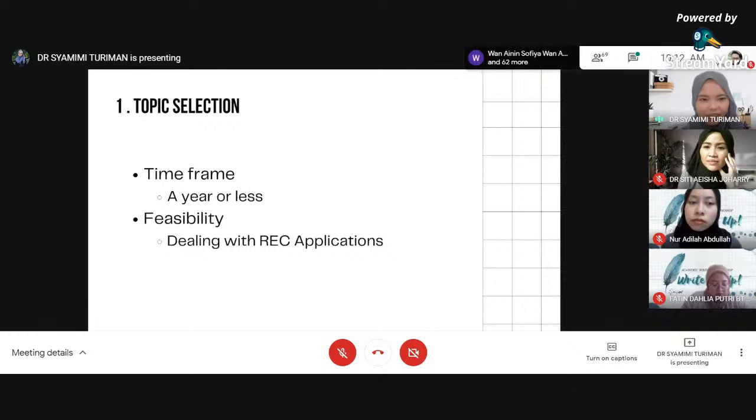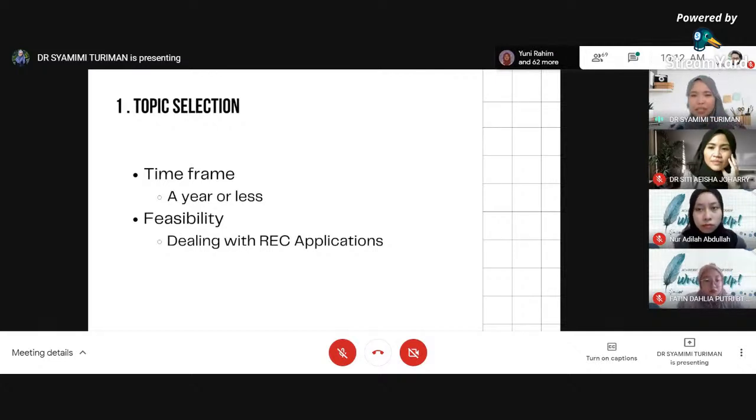Another thing is we are also talking about not just preparation of the research, but prior to that, there's an important process that you would have to undergo, which is dealing with REC applications, or Research Ethics Committee of UiTM. So I understand that this is something that is quite new to all of us, even among the lecturers.